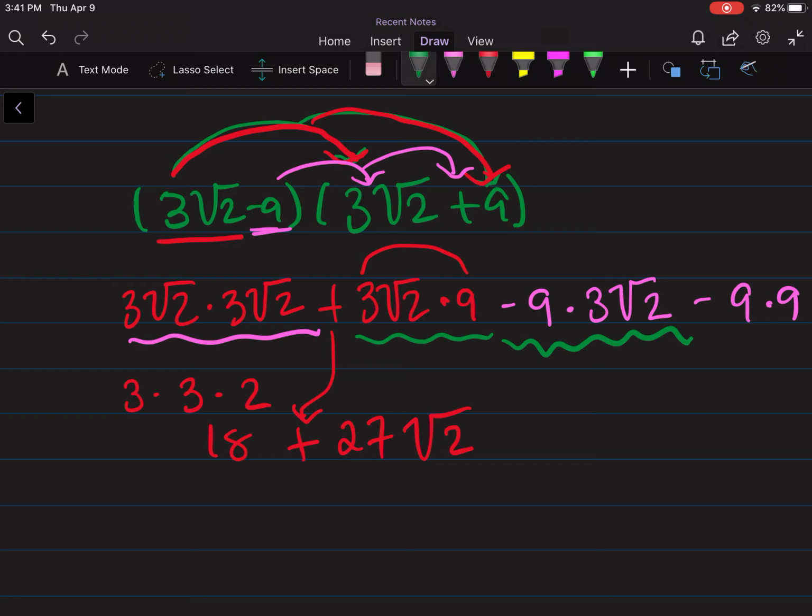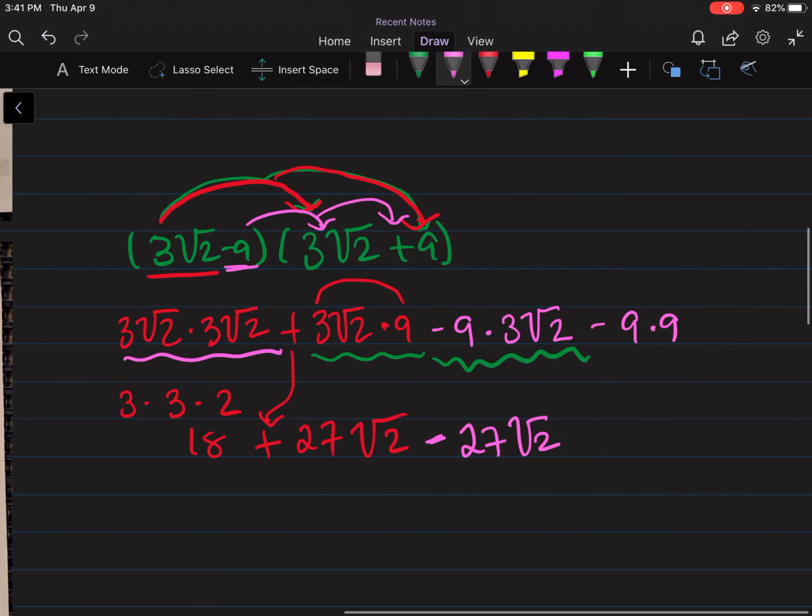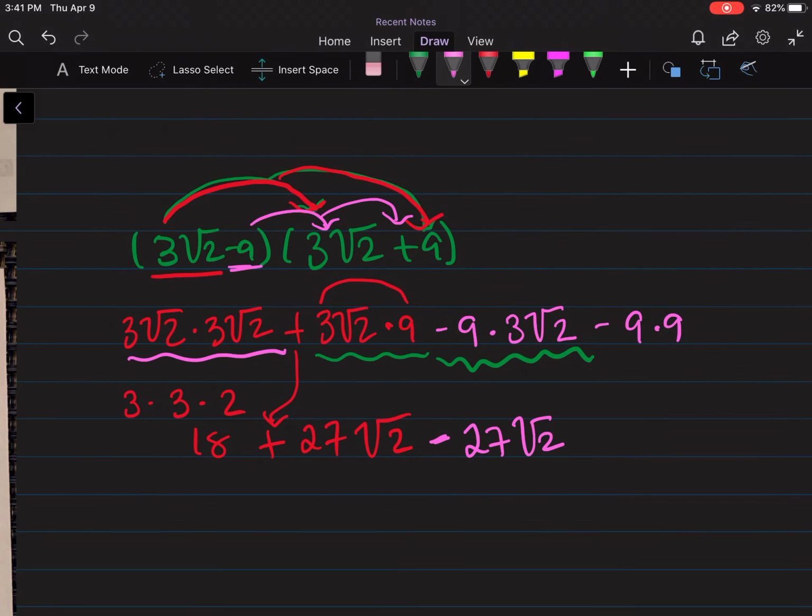So -9 times 3 is -27 root 2. And then the last little bit is -9 times 9. So -9 times 9 is -81.